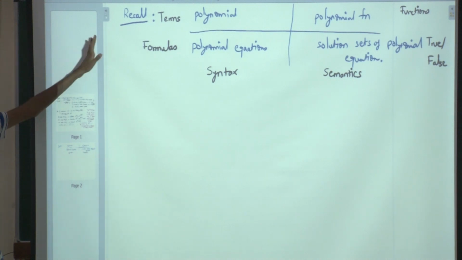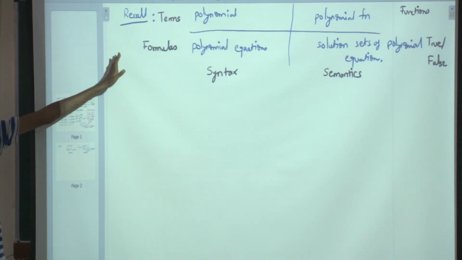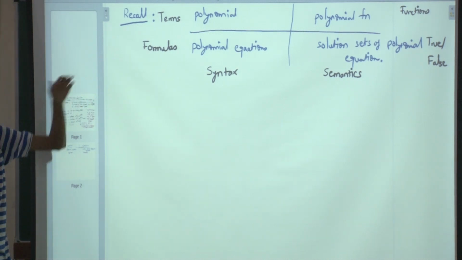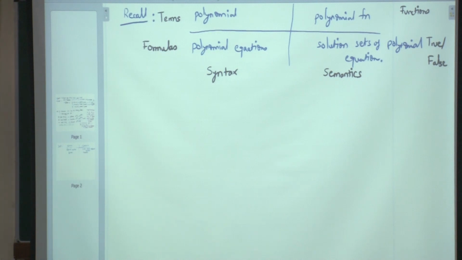Terms, which are generalizations of polynomials, are interpreted as functions, actual functions in flesh. And formulas are interpreted as either true or false, depending on the assignment of elements to variables.